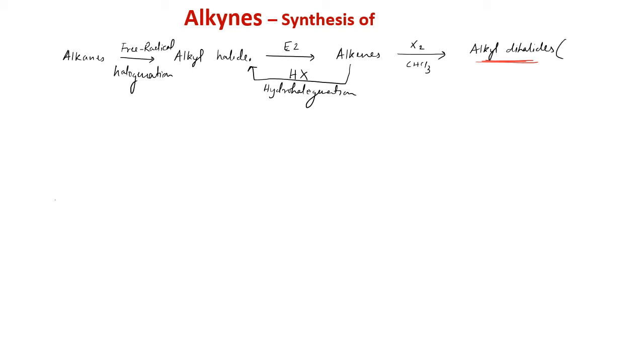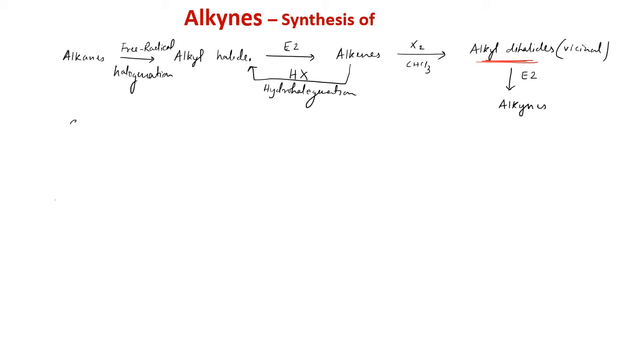I want to add some detail here. When you halogenate an alkene, the alkyl dihalide that you get is a vicinal dihalide. But vicinal dihalides can be converted into alkynes using E2 again, by using an elimination reaction. So we'll talk about that, going to the specifics here.